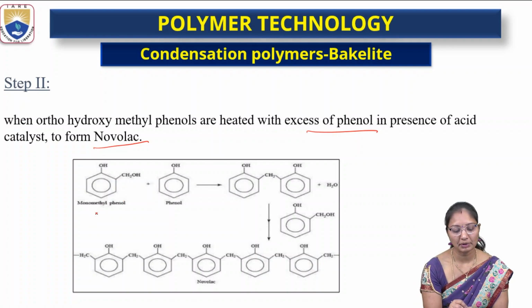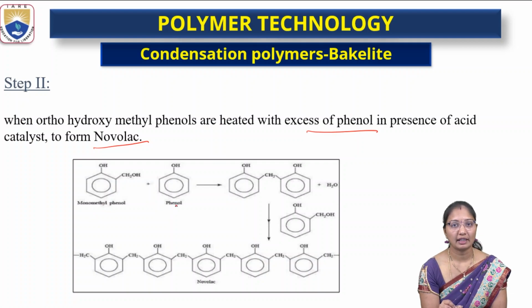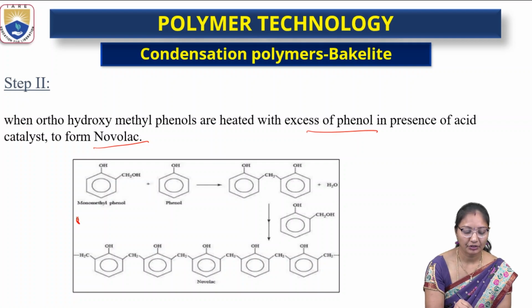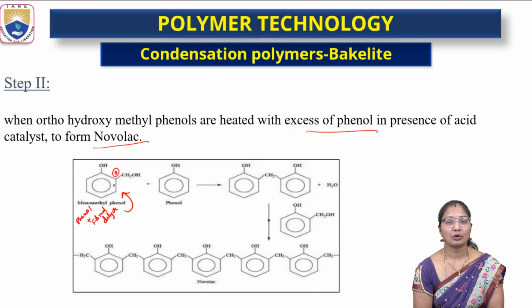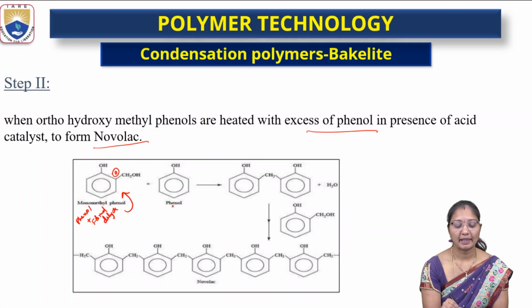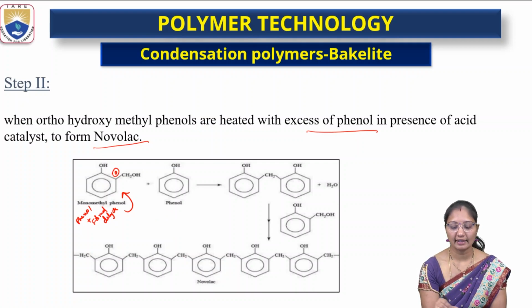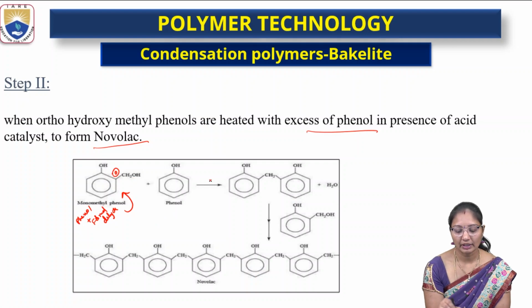What happens? The monomethylol phenol reacts again with phenol. The resultant monomer from the phenol and formaldehyde product is monomethylol phenol, the ortho-monomethyl. So ortho-hydroxymethylphenol plus excess phenol results in the removal of one H2O molecule.